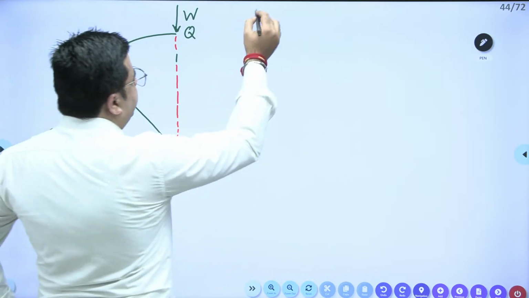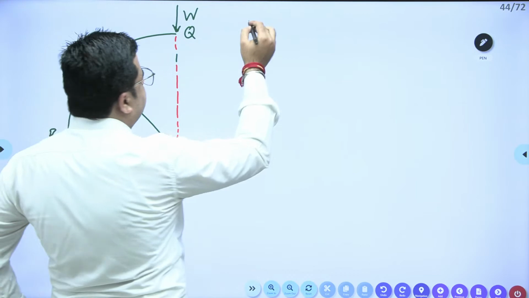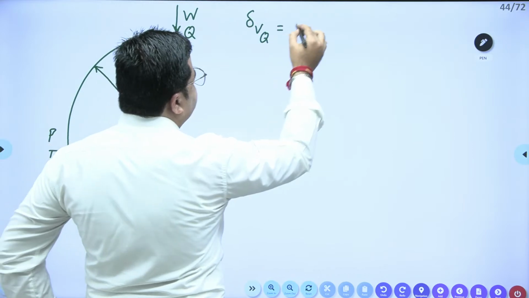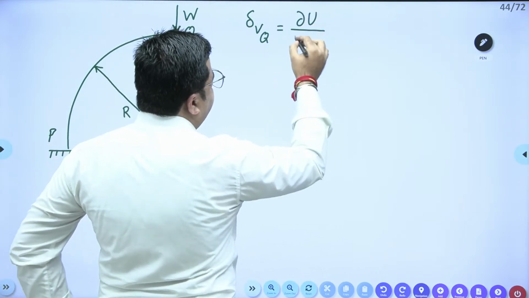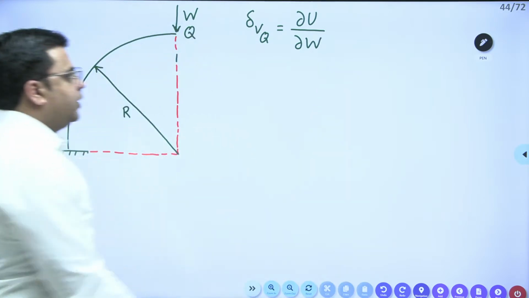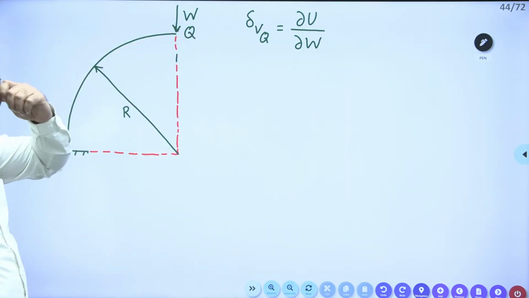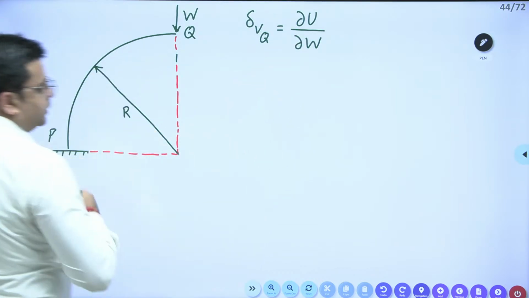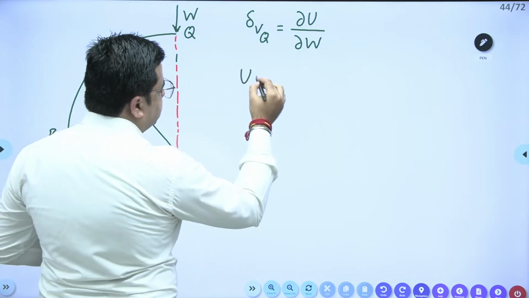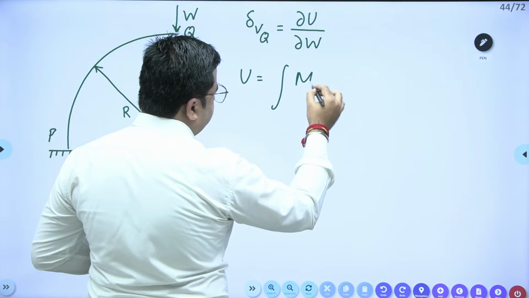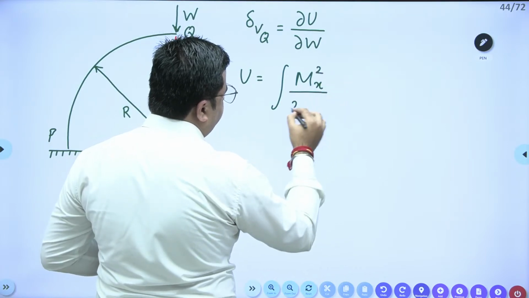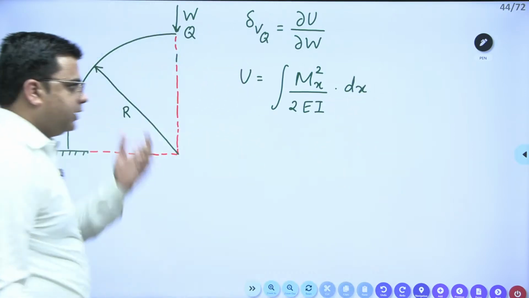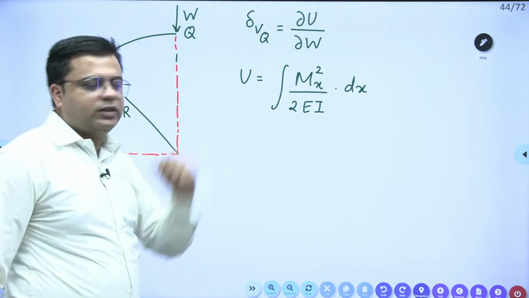You know that if you need to calculate the vertical deflection of joint Q, it is equal to the partial derivative of the total strain energy with respect to this load W. This will give you the vertical displacement of point Q. The strain energy is the integration of Mx square upon 2EI into dx.